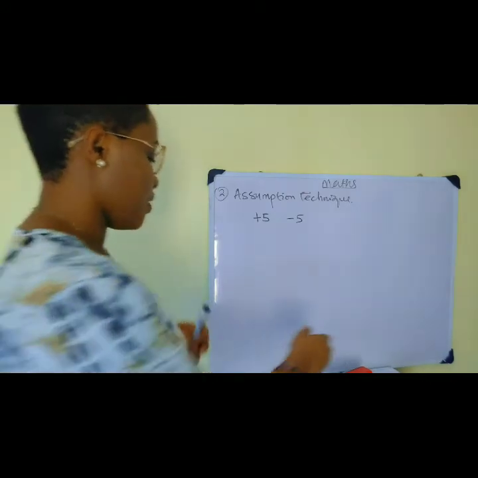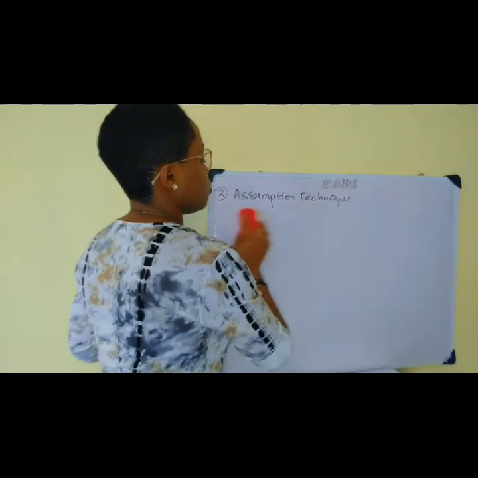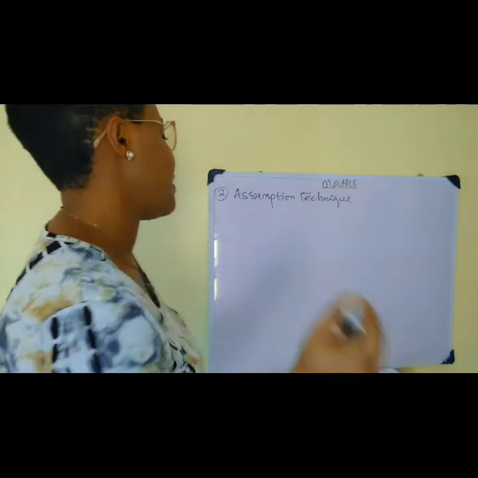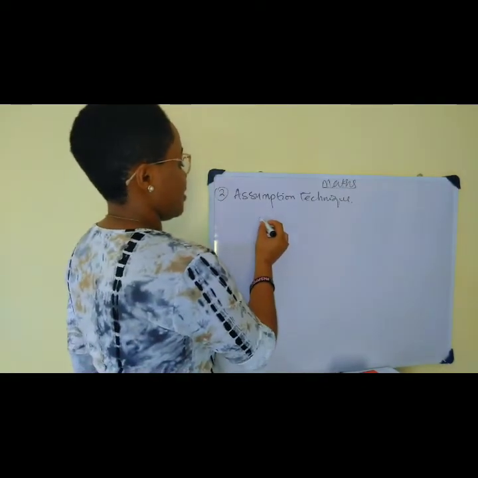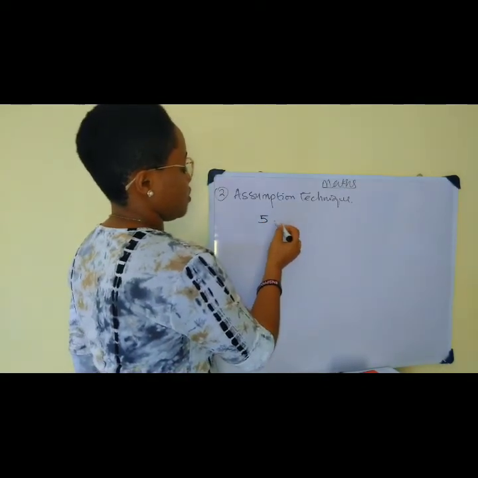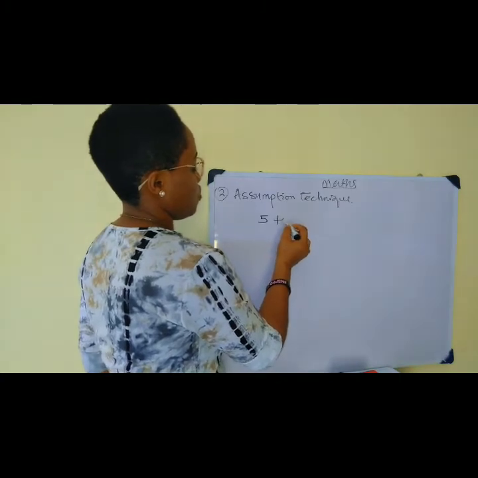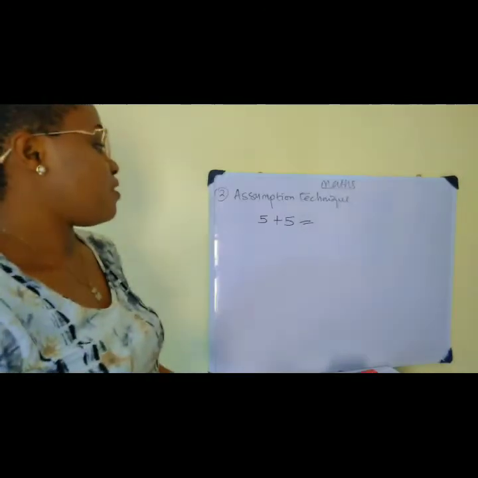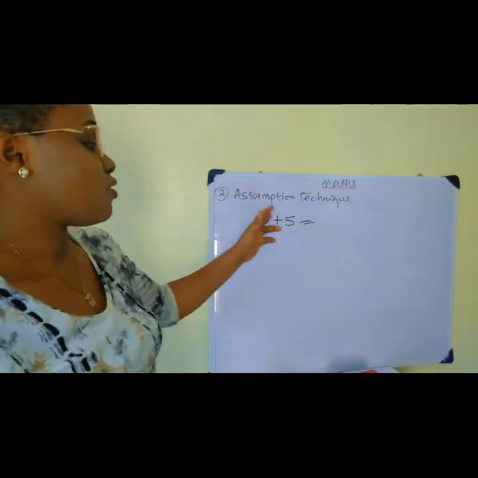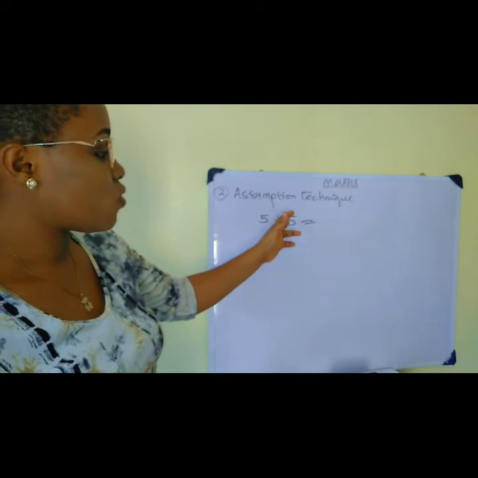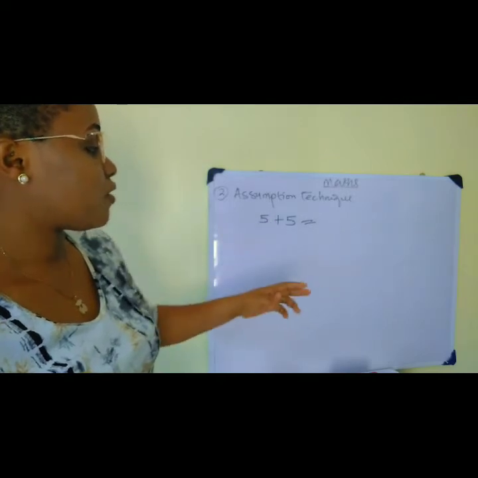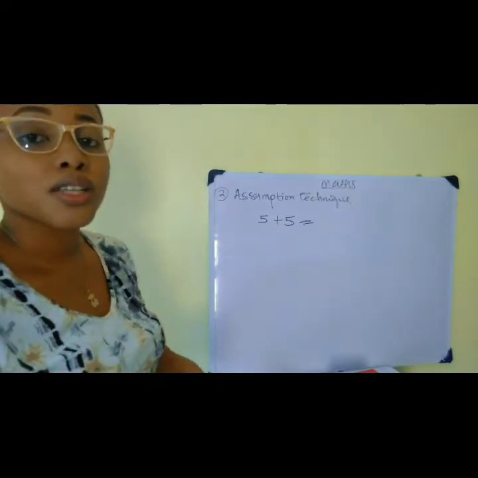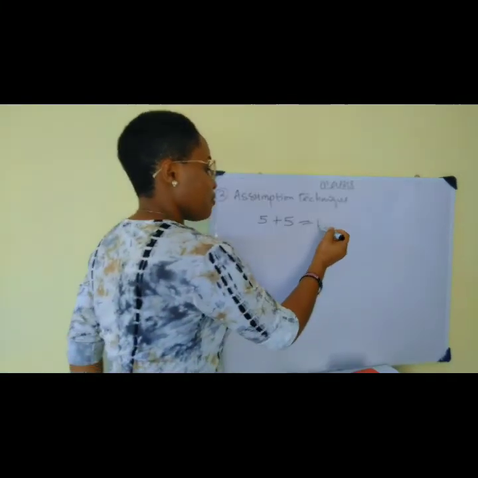So now, if you're told to add, say, 5 to 5, the positive number, this is what you have, and someone is giving you another 5 because this is another positive. That means what you have in total is positive 10.